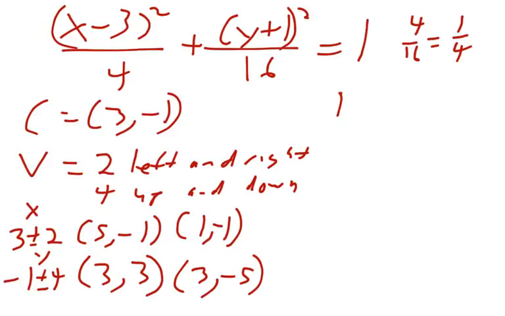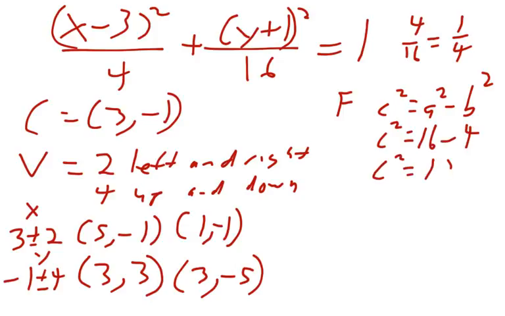Now we need to find the foci. Well, c squared equals a squared minus b squared. C squared equals 16 minus 4. The bigger number always comes first in these problems. So the major axis is the y. The one goes vertically, up and down. And the square root of 12 turns out to be 3.5.